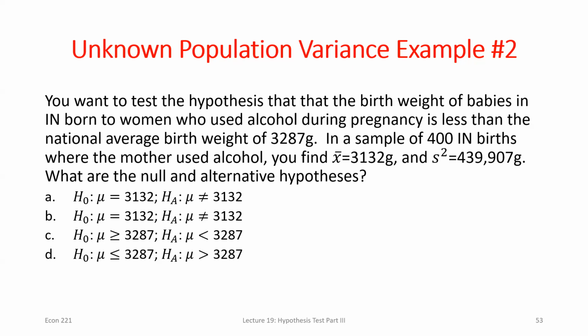We can use either method there. It might be easier to plot those critical values and draw those arrows in the tail and then plot your test statistic. Does it fall in any of those regions? But if you wanted an equation, that's what that's saying.